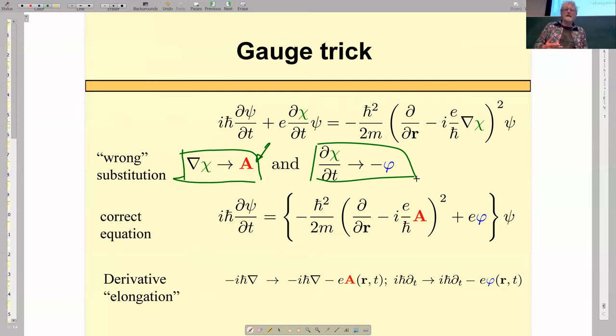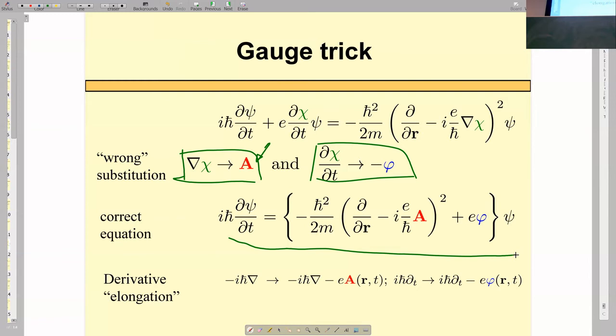What is the outcome? The outcome is that we have this equation. So vector and scalar potentials can only enter the Schrödinger equation in this way. The reason for this is gauge invariance.